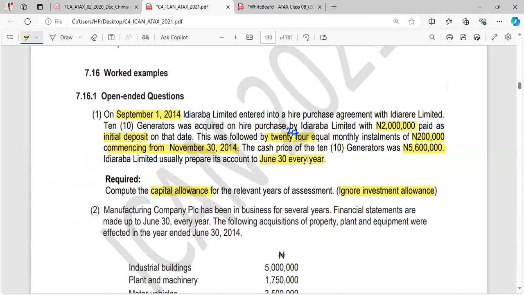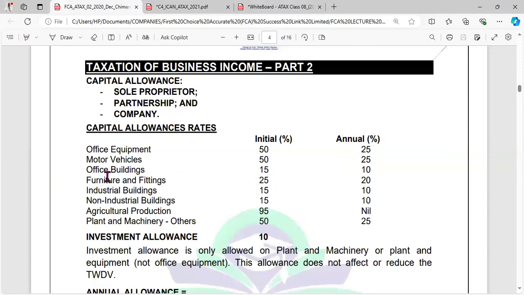But what I want to do here, I would like to go and bring the capital allowance. The capital allowance here should be 50% and 25%. I should have put it in my preliminary workings here. Let me just put it down here.